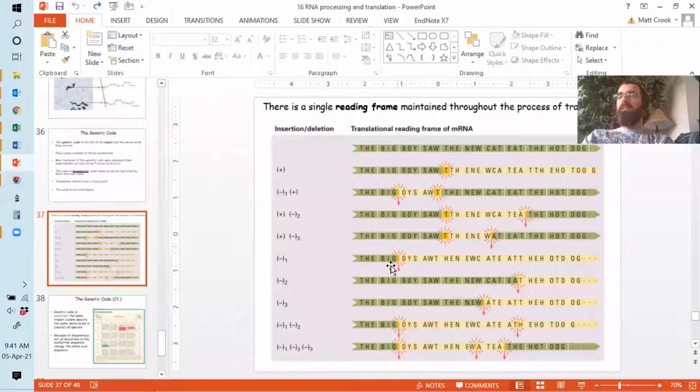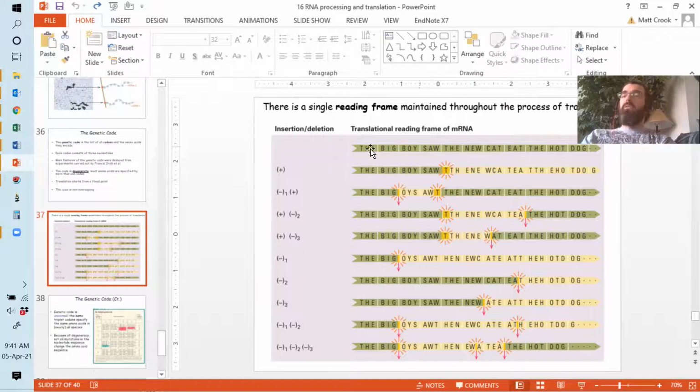And you get the same when you take out a letter too. This would be a single base deletion, which you can see down here. So that has 2 consequences. One, you obviously get gibberish afterwards, right? These new words encode different amino acids.